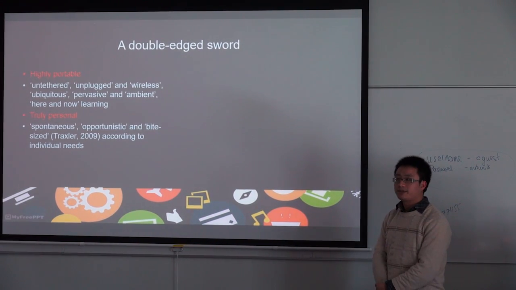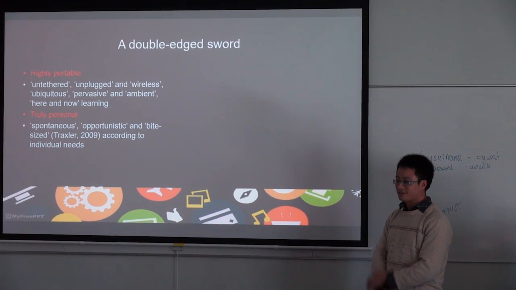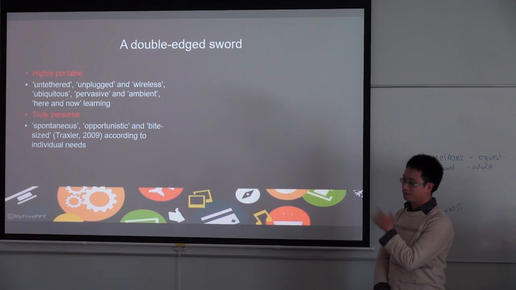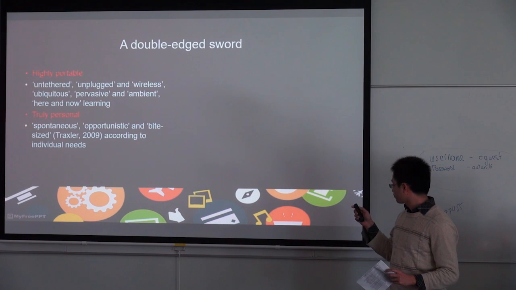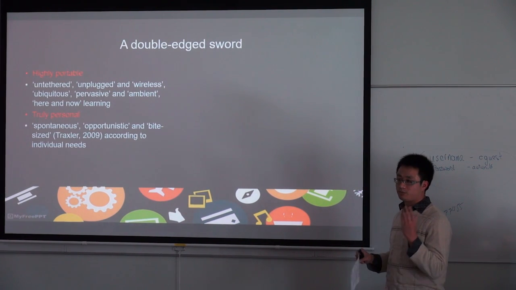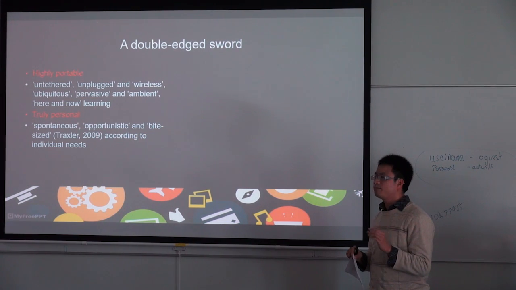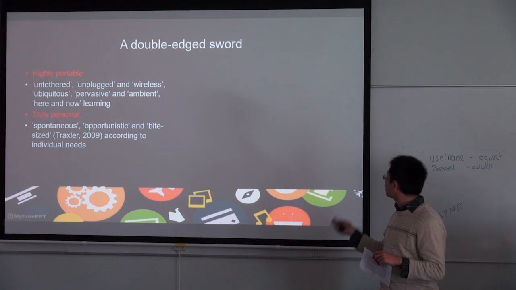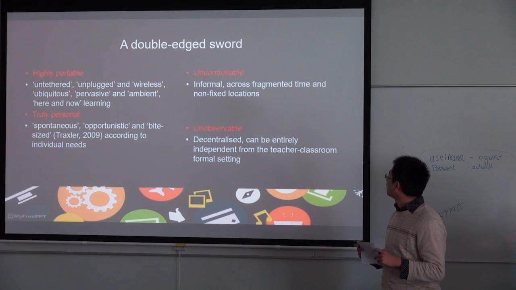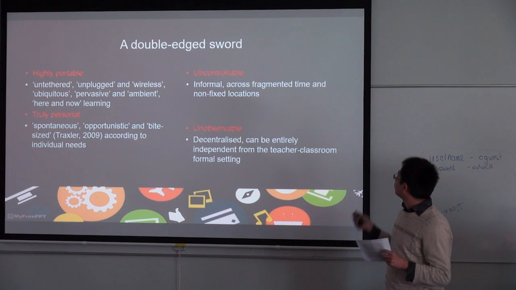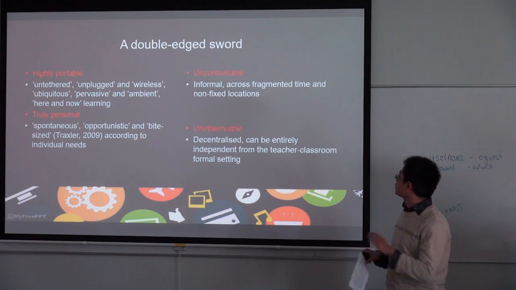It's a cliche, but I still have to say that the benefits are a double-edged sword. Because the process of mobile learning tends to be on the move, it can be largely informal and fragmented across different times and locations.